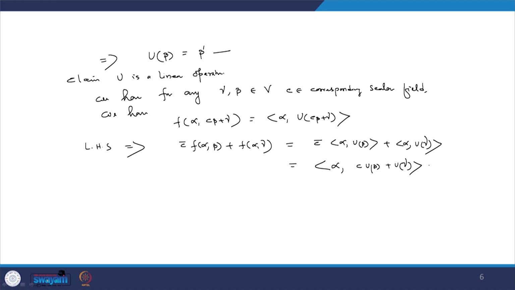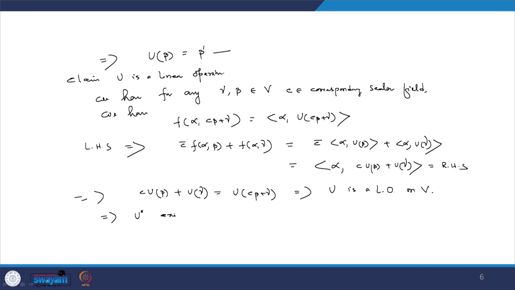So, definitely this will be equal to the right hand side. So, this implies that c U beta plus U gamma equals U of c beta plus gamma. So, U is a linear operator on V. And since U is a linear operator on a finite dimensional inner product space, U star exists, I mean the adjoint of U also exists.